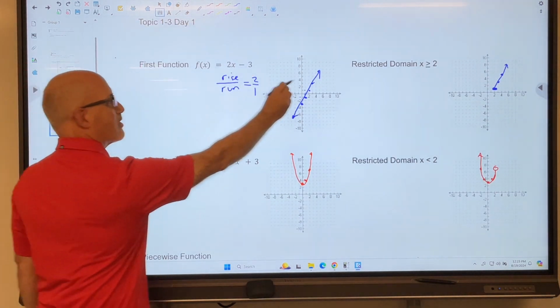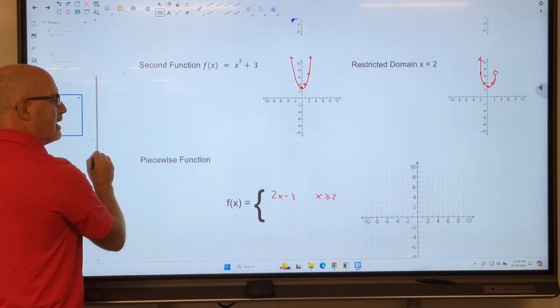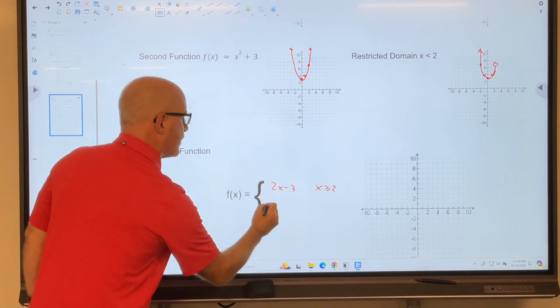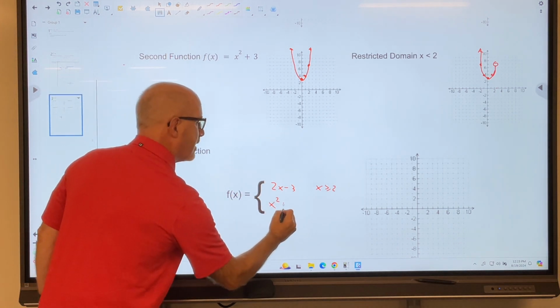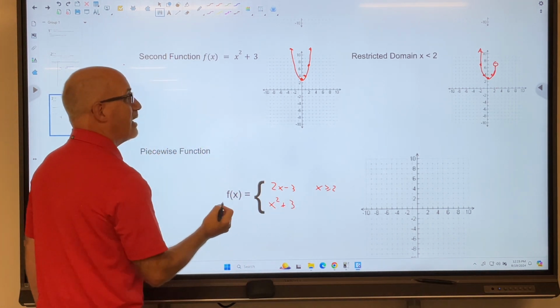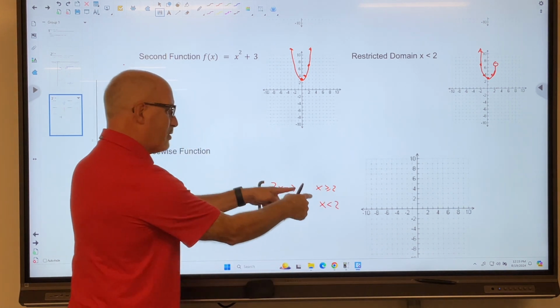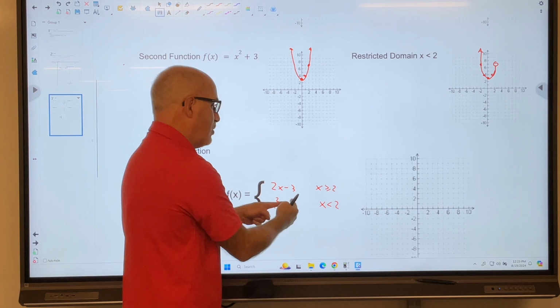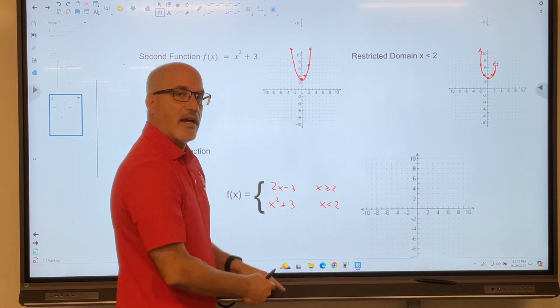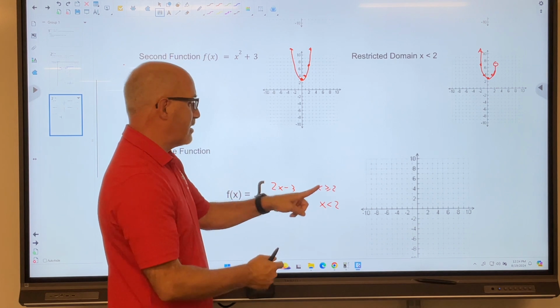And the second part of the piecewise function, the second rule, so you have 2 pieces to it, is x squared plus 3 for x less than 2. This just tells me to use this rule when the x values are greater than or equal to 2, and use this rule when the x values are less than 2.